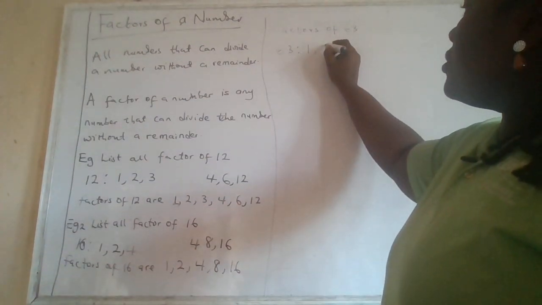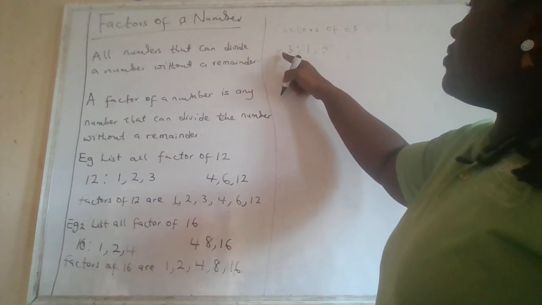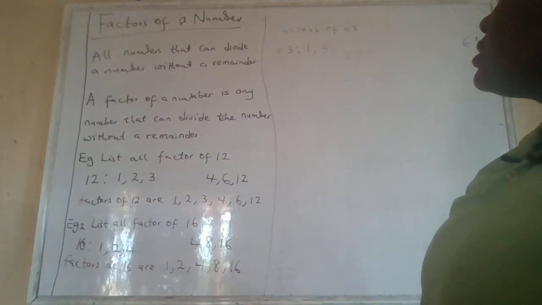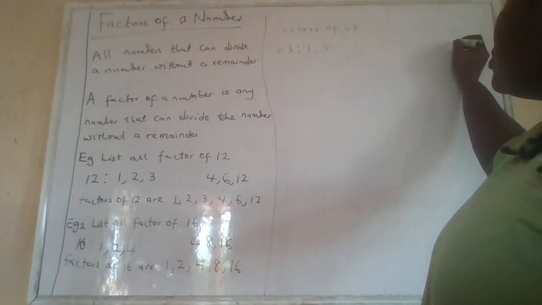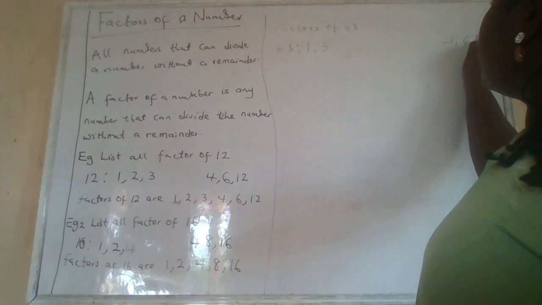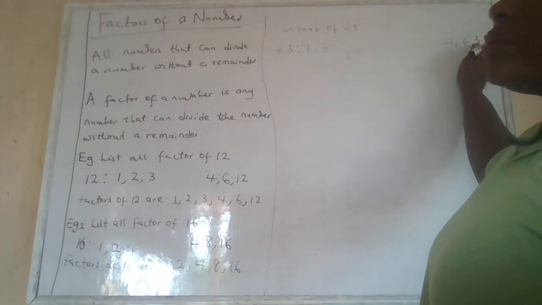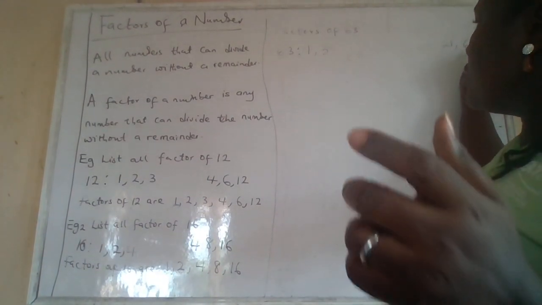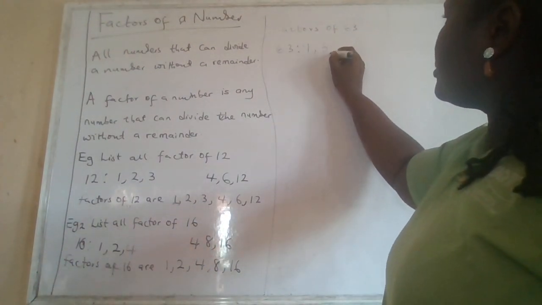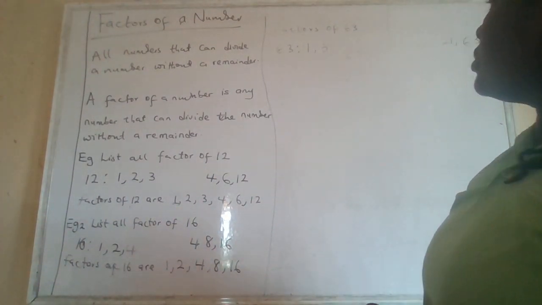So we have 3 here. So 3 divides 63, what would that give us? That will give us 21.